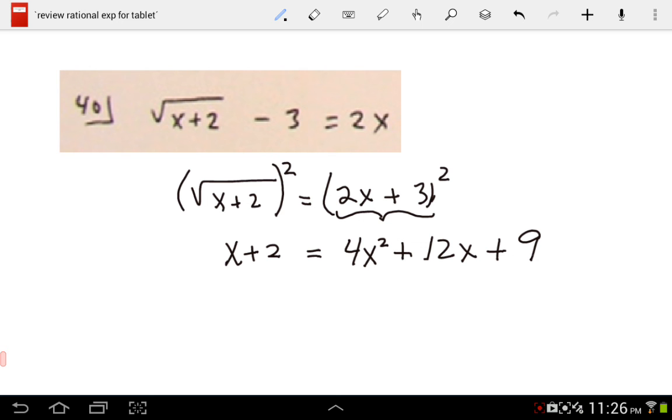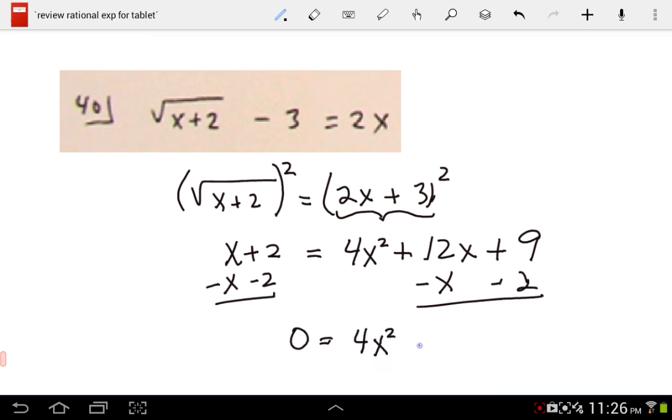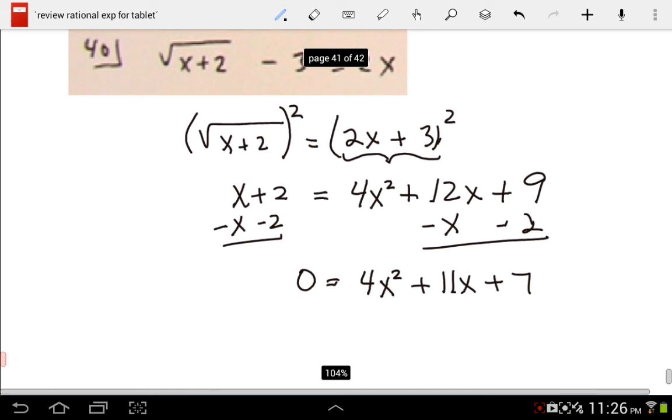Now, let's set it equal to 0. So I'm going to get rid of these two on this side. So we're going to get here 4x squared plus 11x plus 7.